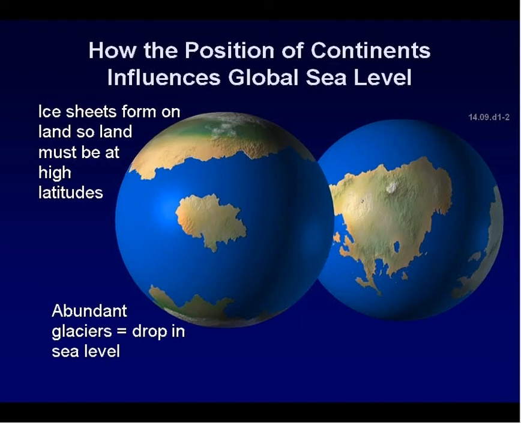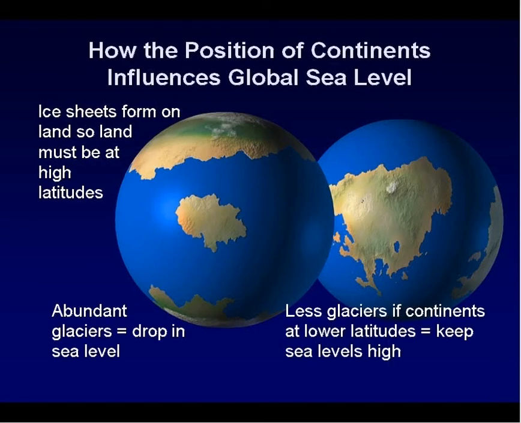So there's an important implication here about the position of continents and how the position of continents has moved around. You might remember the supercontinent of Rodinia 600 million years ago was centered on the South Pole. Okay, so that's a good example of where we would be taking out a lot of water from the oceans because we can put a lot of ice into the polar region there.